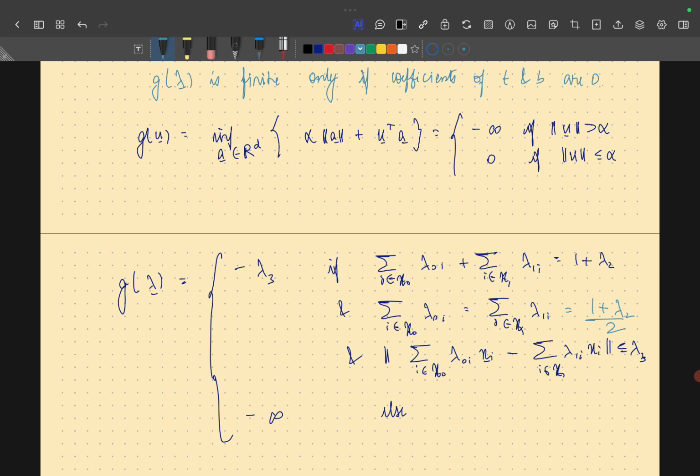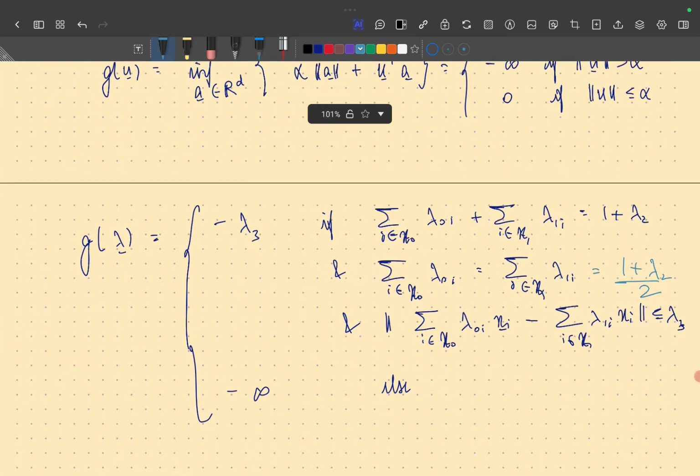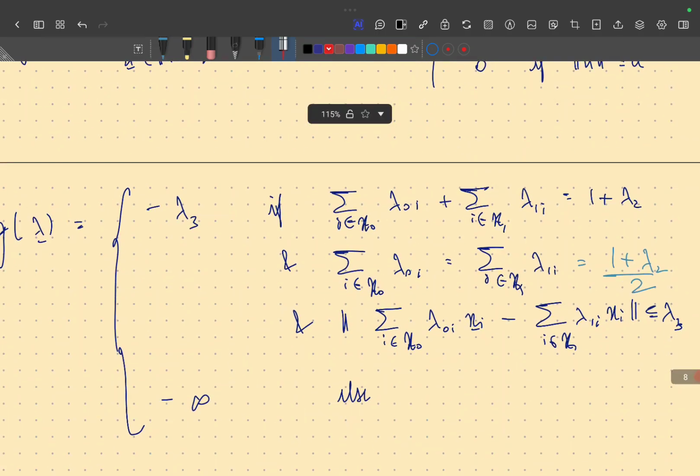If I rescale things, then this I can interpret. So lambda 0 i. This quantity I can say should be less than or equal to lambda 3.